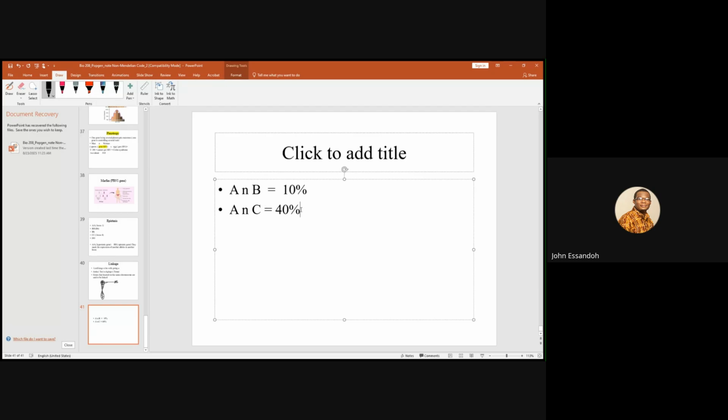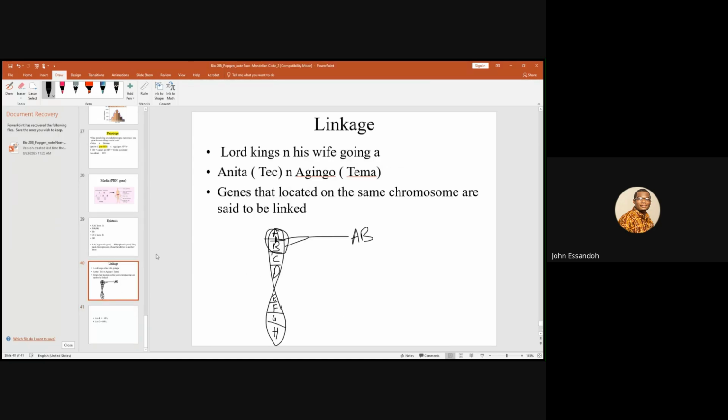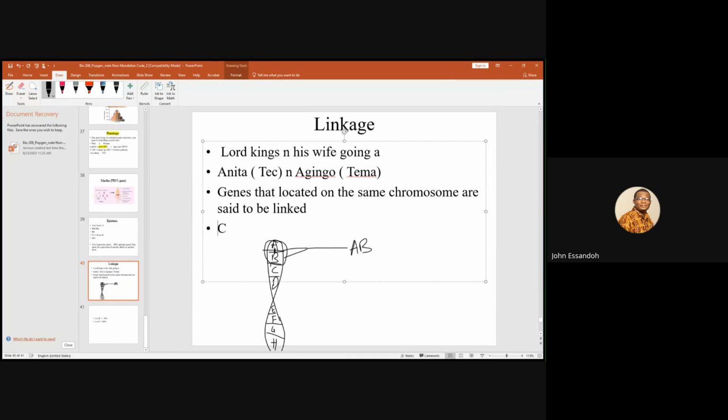So when there is high crossing over, it means that the two genes are far apart on the chromosome. We can use this linkage to do something we call chromosomal mapping. We can use it to map the chromosome.